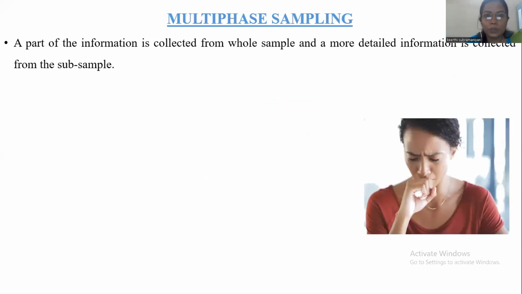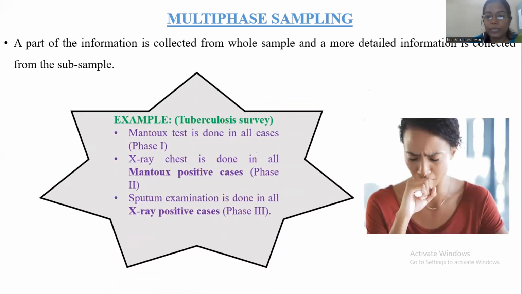The next one is multi-phase sampling. Say you're doing a tuberculosis survey, okay? You're trying to see how many of them have tuberculosis. So you first do a Mantoux test. Only those who are positive with the Mantoux test will proceed to the X-ray.